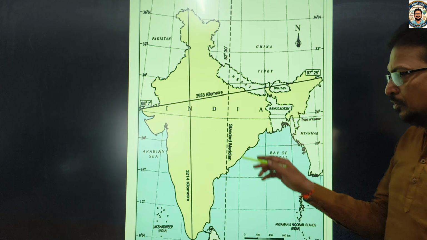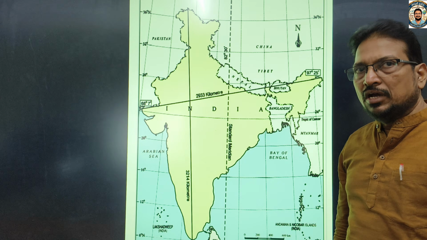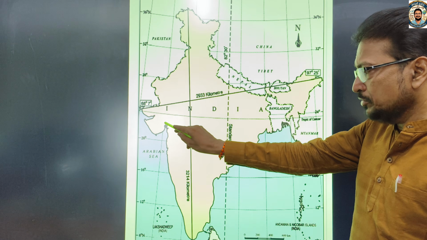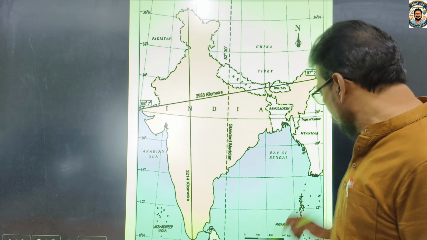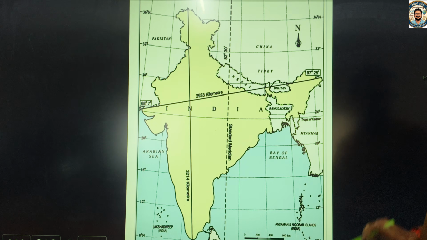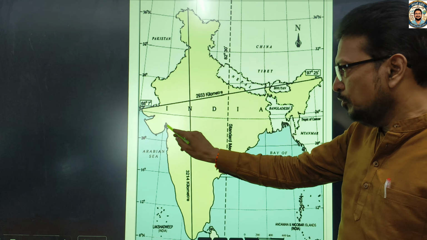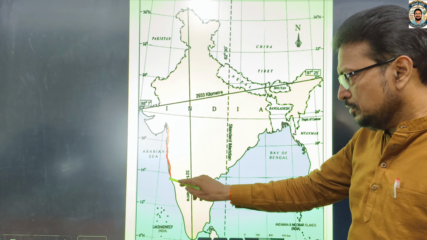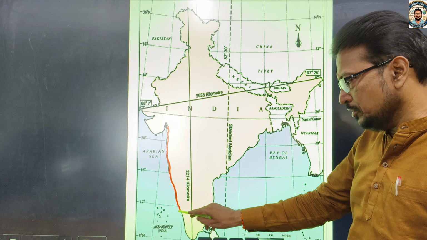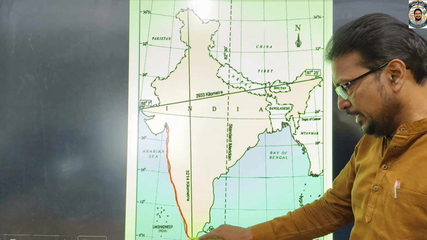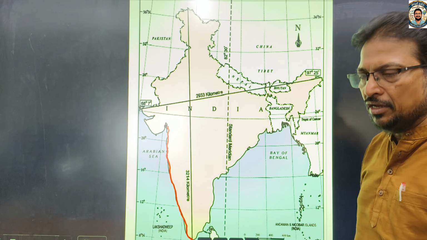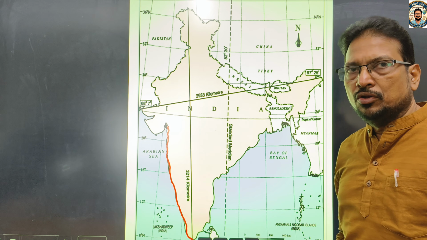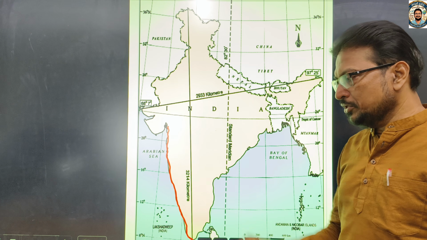here about coastal plains, another important geographical feature. The western coastal plain starts from the bottom of Gujarat onwards. A place which touches the sea or ocean is called a coastal area.